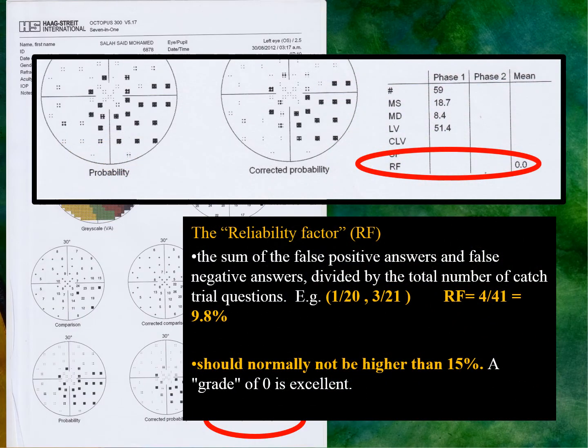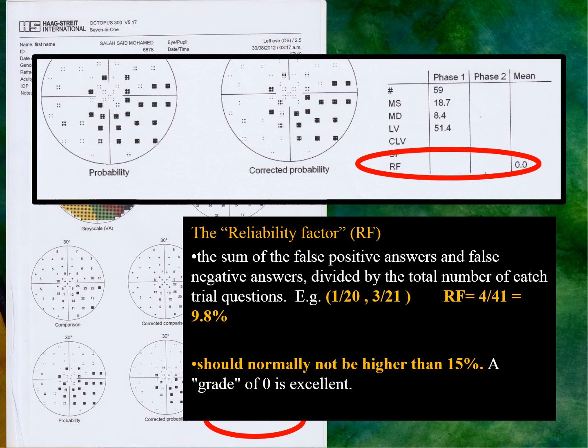What is the reliability factor? Reliability factor is the sum of the false positive answers and the false negative answers divided by the total number of catch trials. For example, the patient gets 1 false positive out of 20, 3 false negative out of 21.